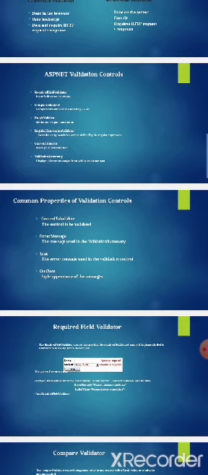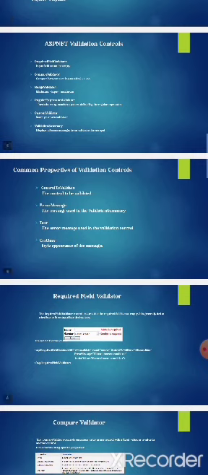The required field validator makes sure that all the fields are filled, that is, the input field cannot be empty. When you leave the field and click on the submit button, it shows that the fields are empty, that is, you have to fill all the required fields.